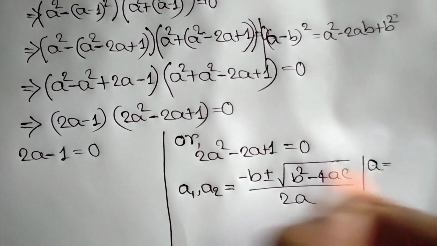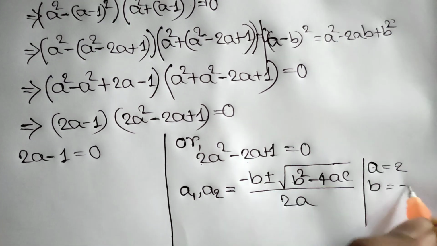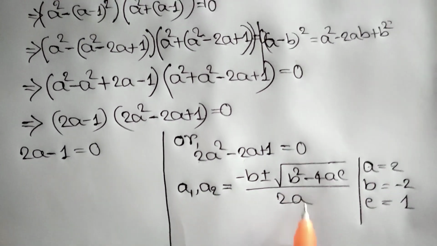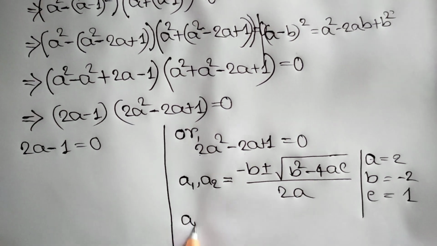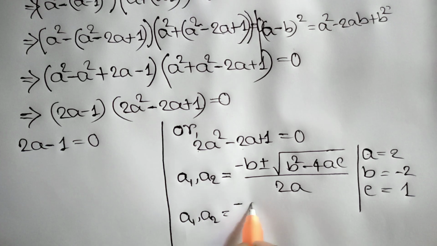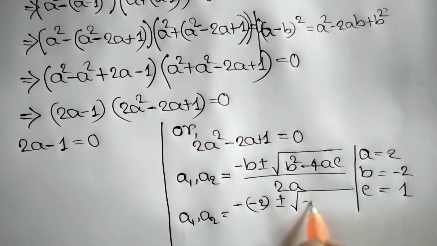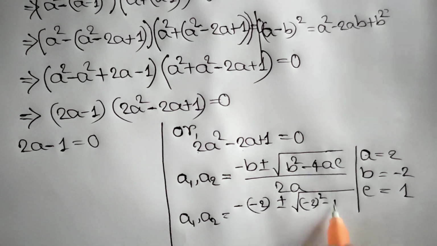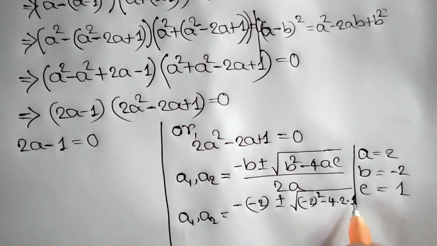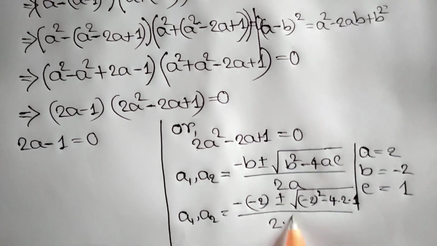Here a is equal to 2, b is equal to negative 2 and c is equal to positive 1. So a1 comma a2 is equal to minus of minus 2 plus or minus square root of (minus 2) square minus 4 times 2 times 1, over 2 times 2.